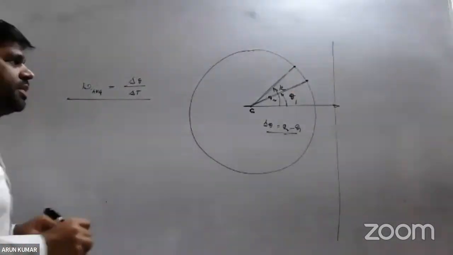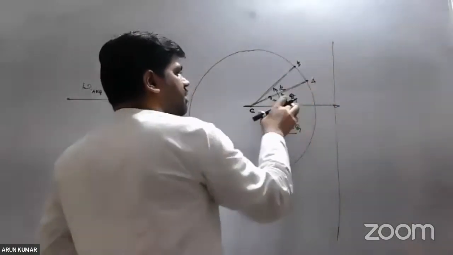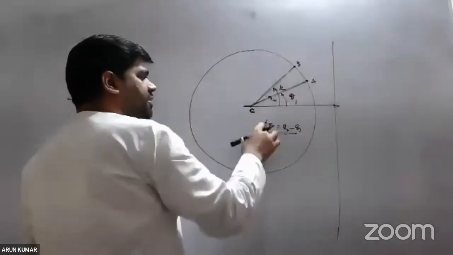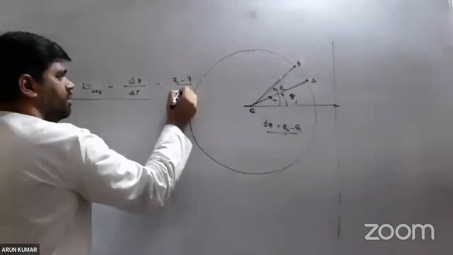All right. Now let's say the particle has gone from A to B, or position 1 to position 2, theta 1 to theta 2. So my delta theta is theta 2 minus theta 1, and the average angular velocity is theta 2 minus theta 1 by delta t.